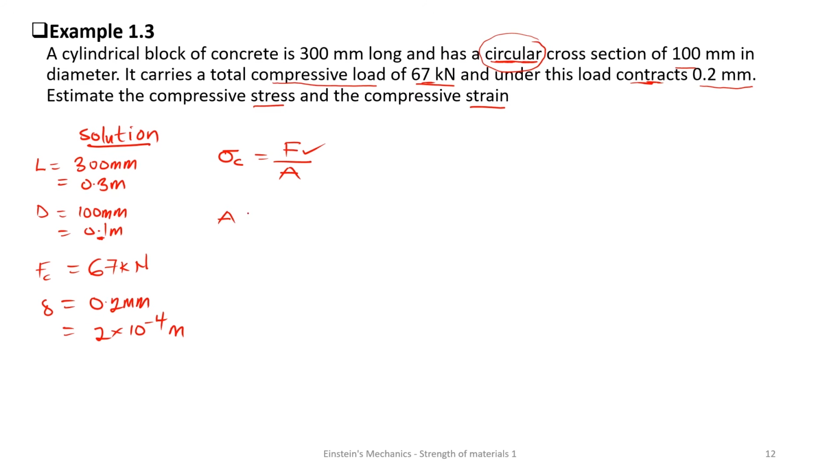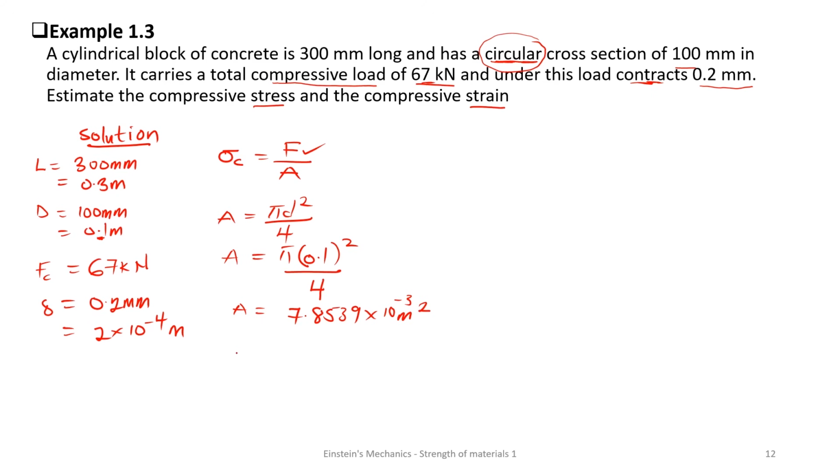So we use the formula pi d squared over 4. My area will be pi times 0.1 squared over 4. What are we getting? I'm getting my area to be 7.8539 times 10 to the -3 meter squared.